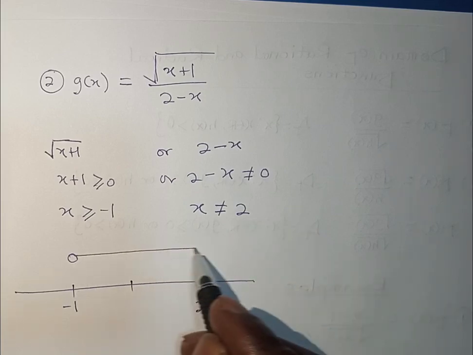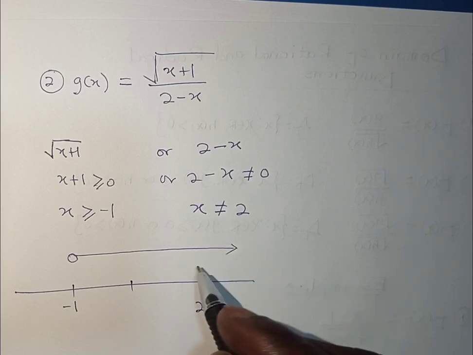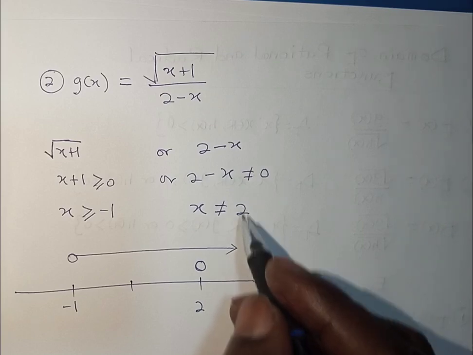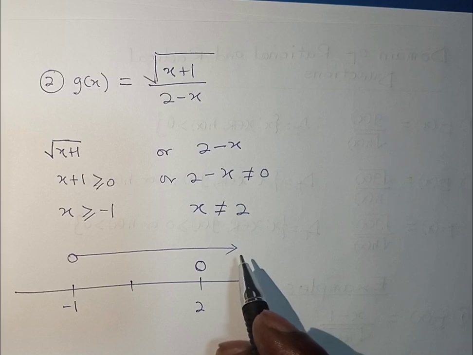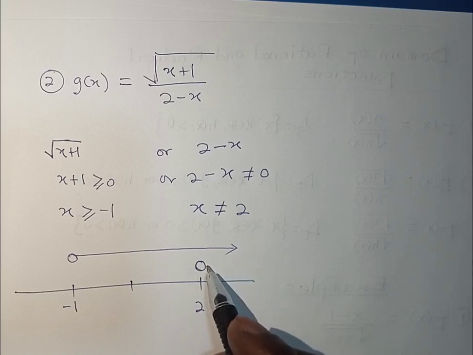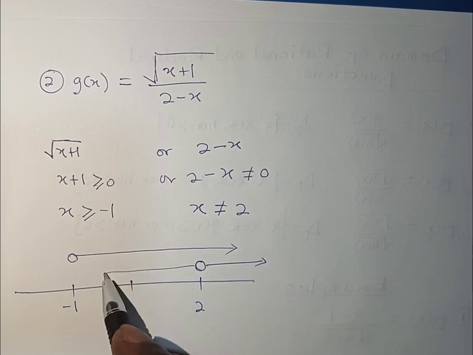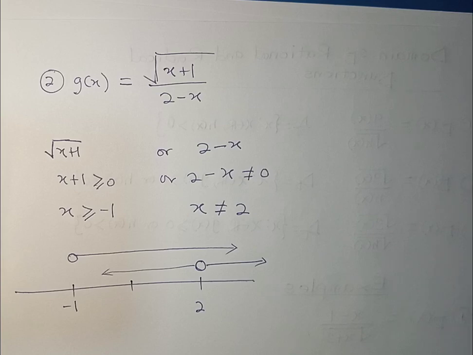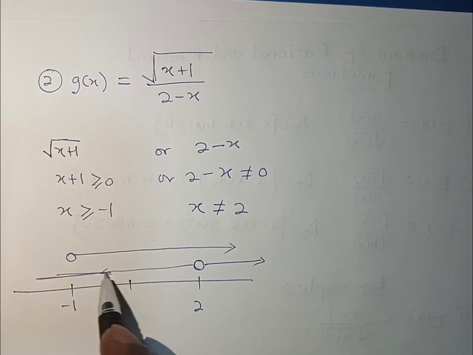So my direction should be here, and for the +2, every number can satisfy except that. So when you go to this side, it will satisfy. Every number to the right and to the left of the 2 can make the function defined except that 2. So let me even continue like this.